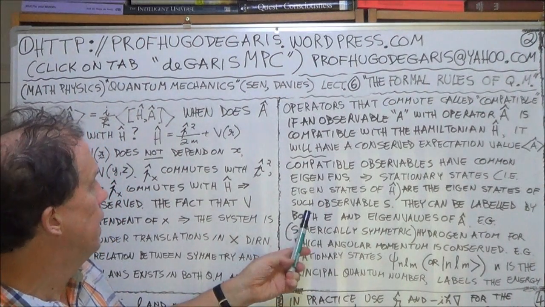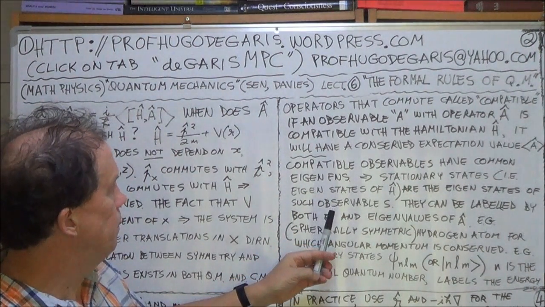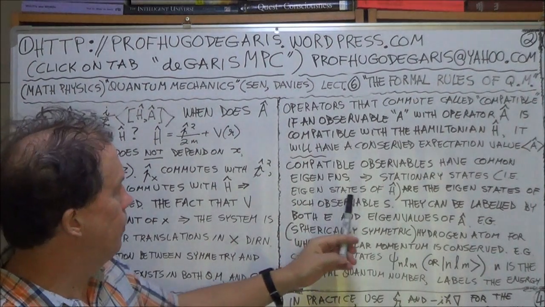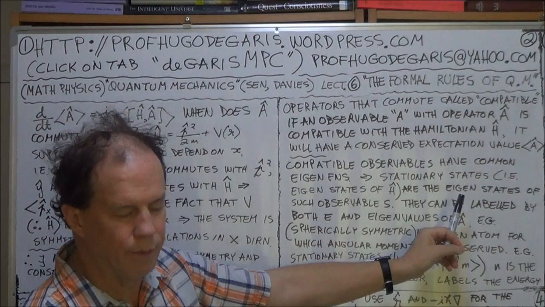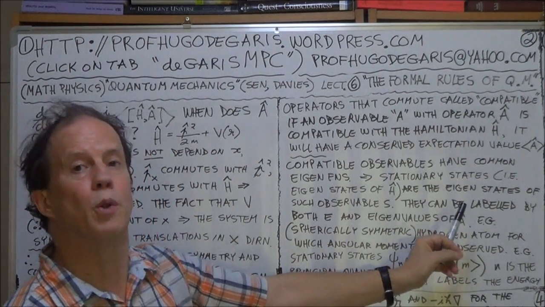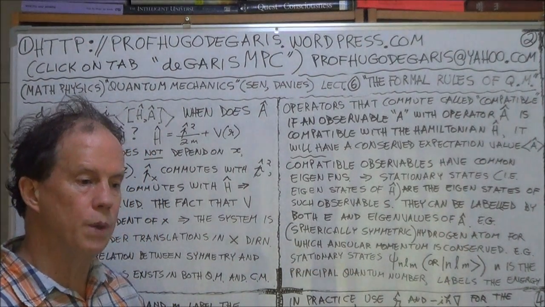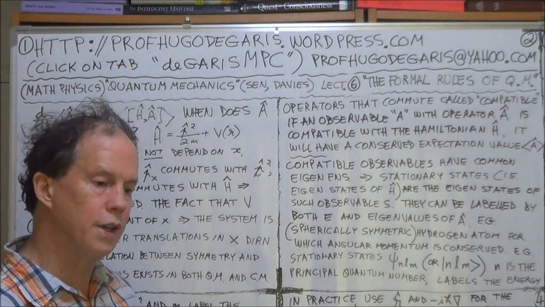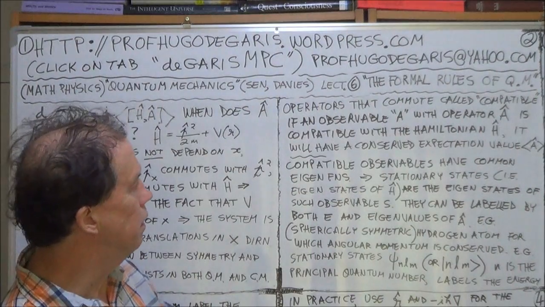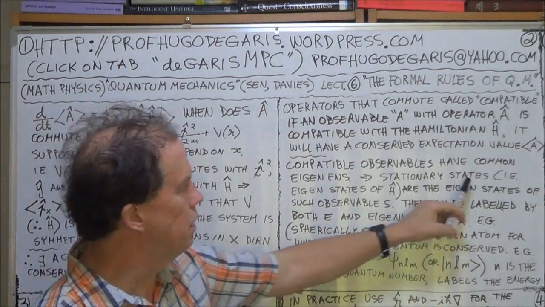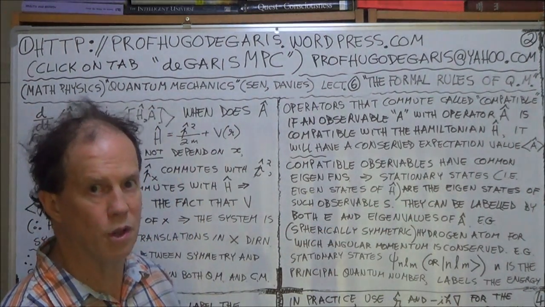So if you have an observable that commutes with H, then the eigenstates of that observable, A, will be the stationary states, because they're the eigenstates of the Hamiltonian. Right?